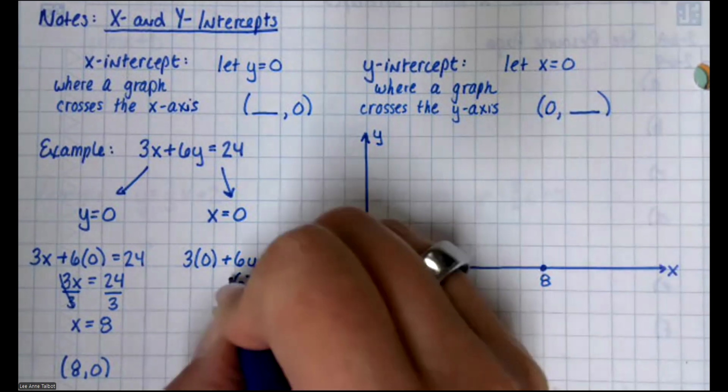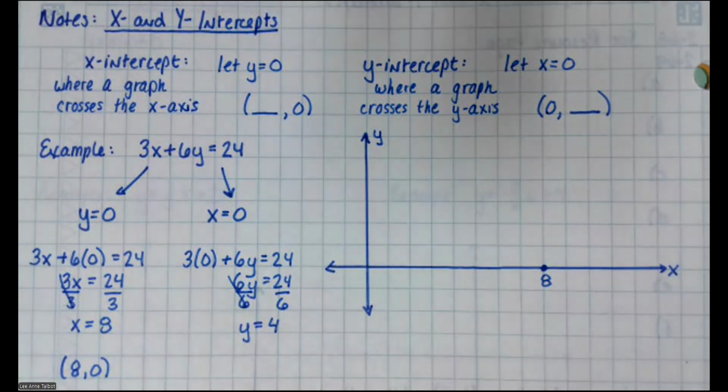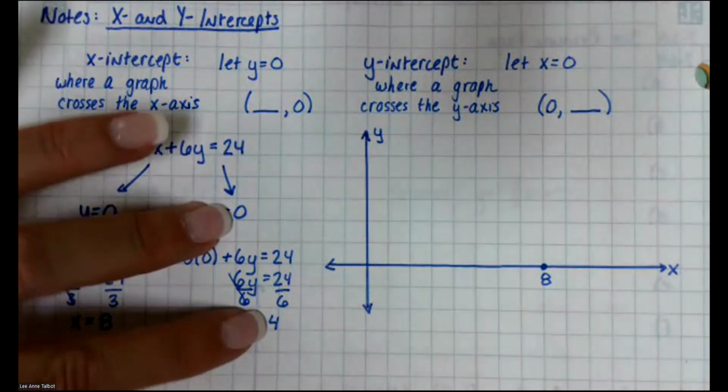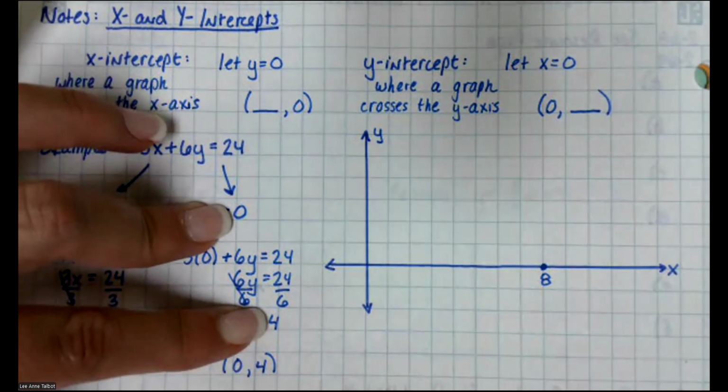Divide by 6, y equals 4. And in this case, x is 0 and y is 4, so x, y.